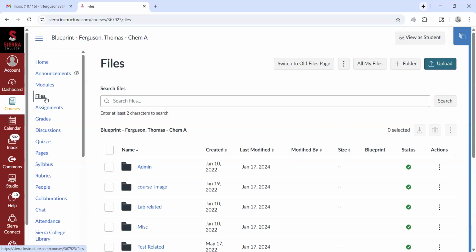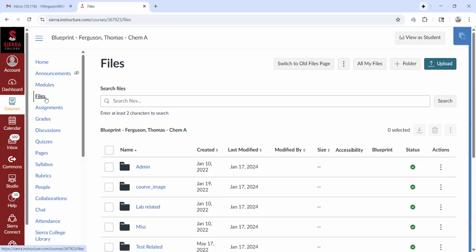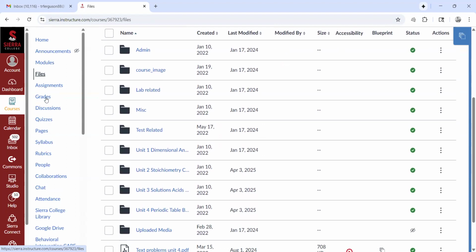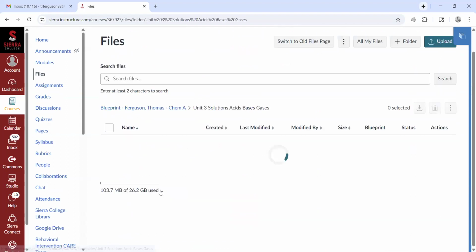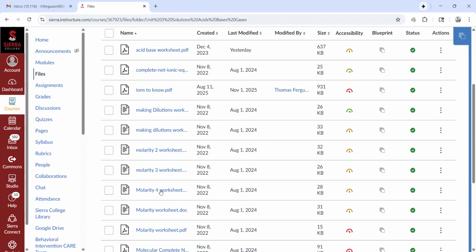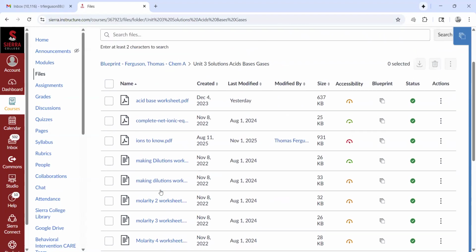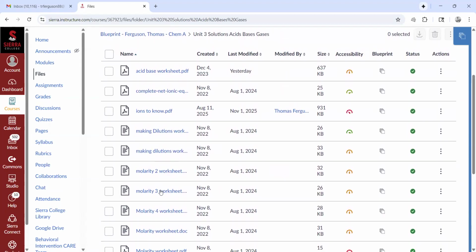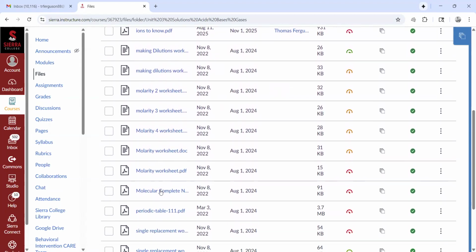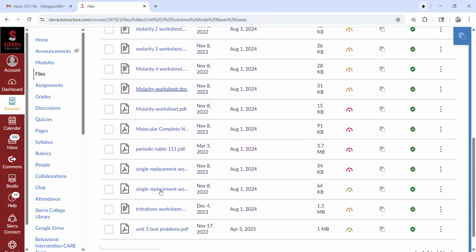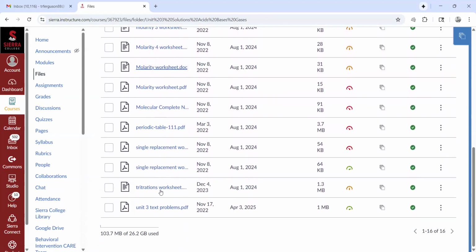Okay, if you go to Files and Canvas, and go to Unit 3, you'll see acid-base worksheet, dilutions, molarity, lots of practice, including titrations.